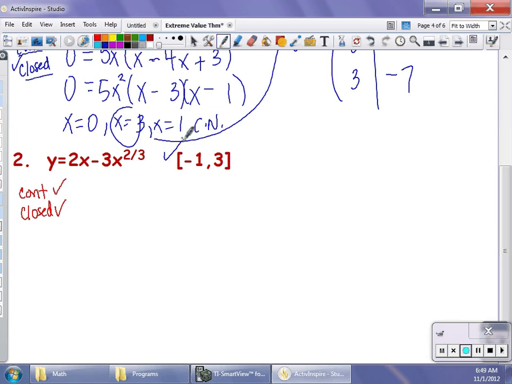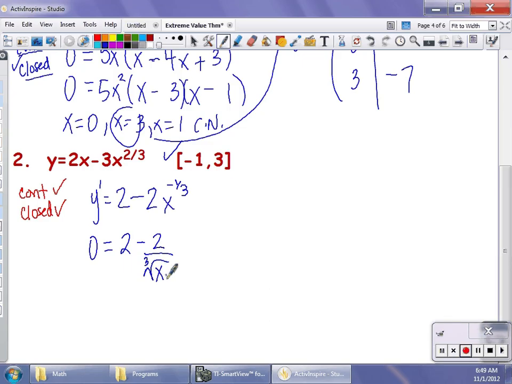We need to find the critical numbers by taking the first derivative, so y prime is equal to 2 minus, using the power rule, 2/3 times 3 will give you 2x, decrease the power by 1, to the negative 1/3. Now we have to set that equal to 0, and when I do, I'm going to rewrite this as 2 minus 2 over the cube root of x.